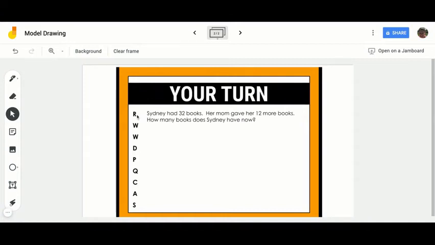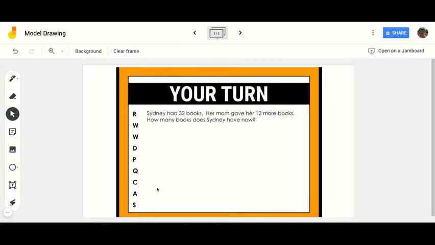So you're going to write R, W, W, D, P, Q, C, A, S. Remember that stands for real, wise workers, do problems, quit complaining about it, silly.